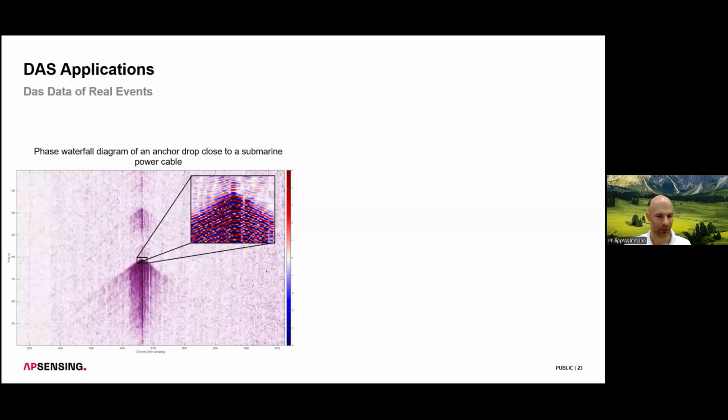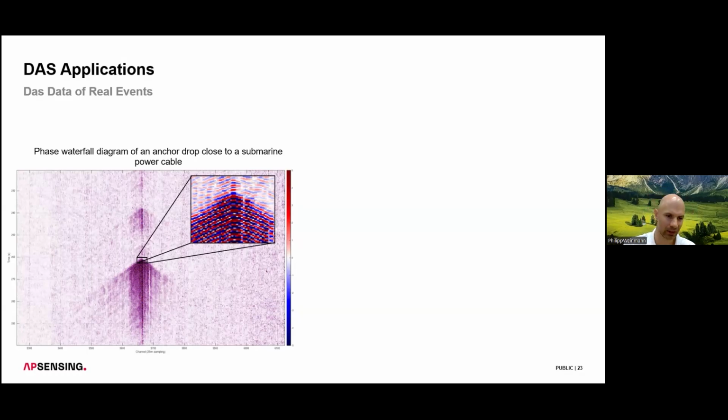So here we have three examples of real events that were recorded with a DAS system. This chart is a phase waterfall diagram. That means you can see how the phase of the backscatter signal for the individual fiber positions is evolving in time.